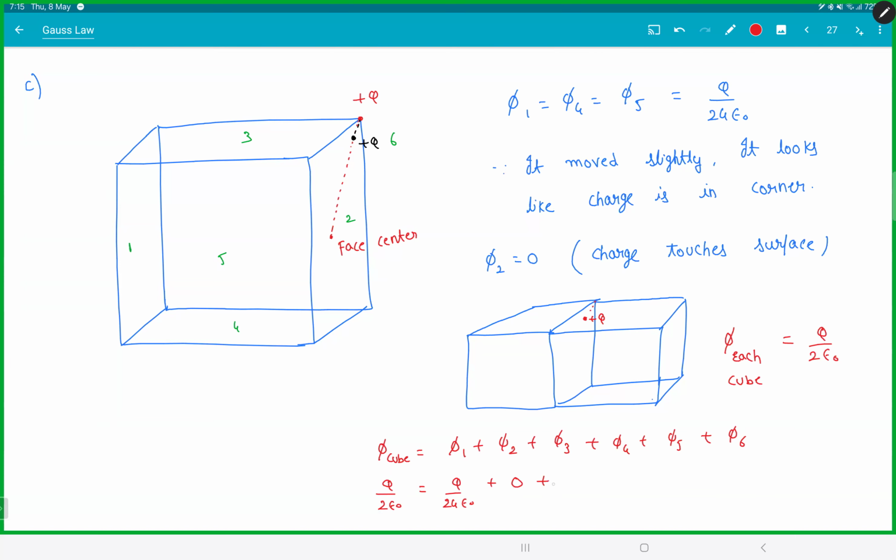Flux 2 is 0. Flux 3, I don't know. And you can see by symmetry, 3 and 6 are identical. Flux 3 is equal to flux 6 by symmetry. So when you move it on the diagonal, 3 and 6 will look the same.